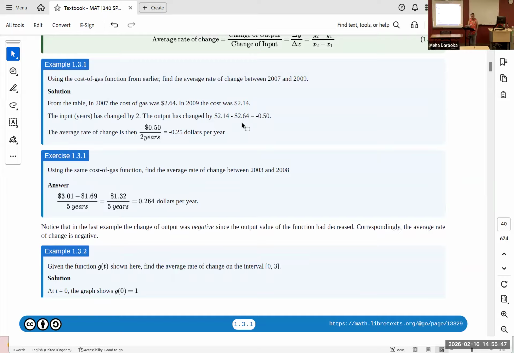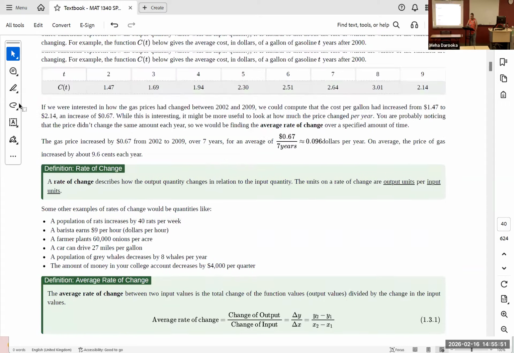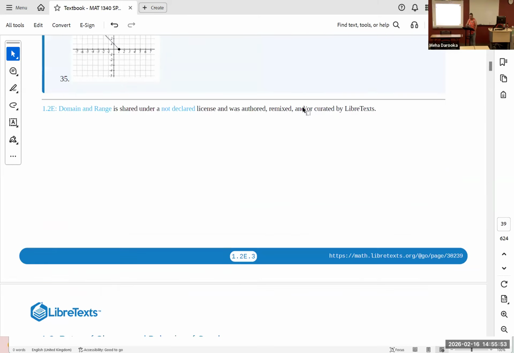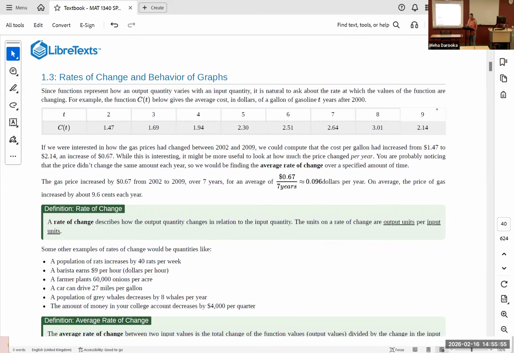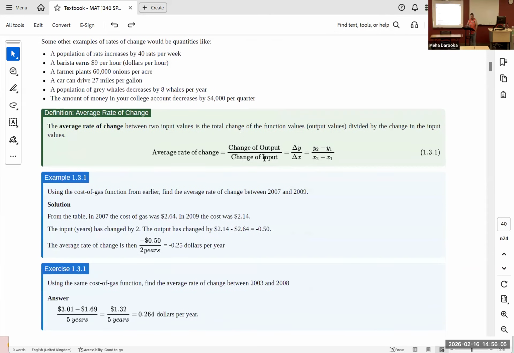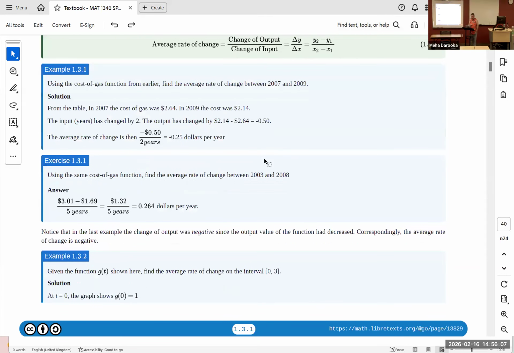You are not going to set it up where you put the larger number first and the lower number second. This is the newest value we had, and from that you are subtracting the old value. So if you come up with a negative answer, it's fine. The difference between $2.14 and $2.64 is a difference of 50 cents, and that's going to be negative.